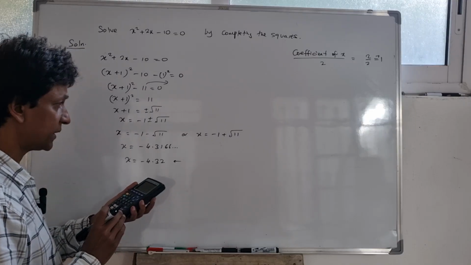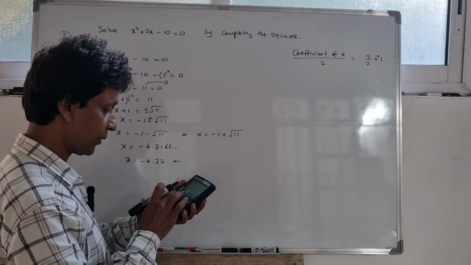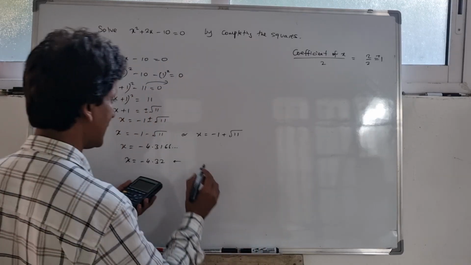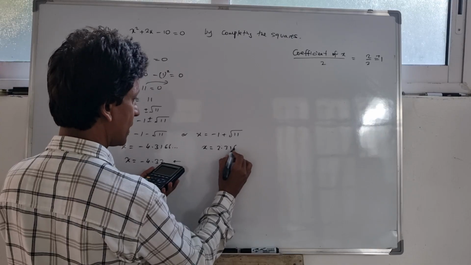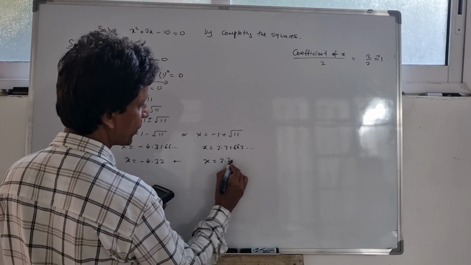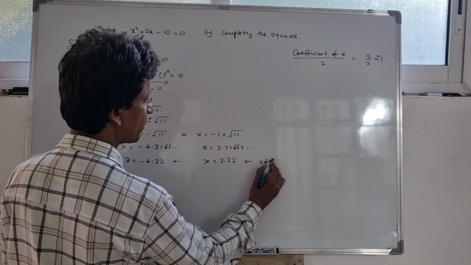The next one is negative 1 plus the root of 11. That turns out to be 2.316624 and so on. So to 2 decimal places, 2.32. So these are again answers to 2 decimal places.